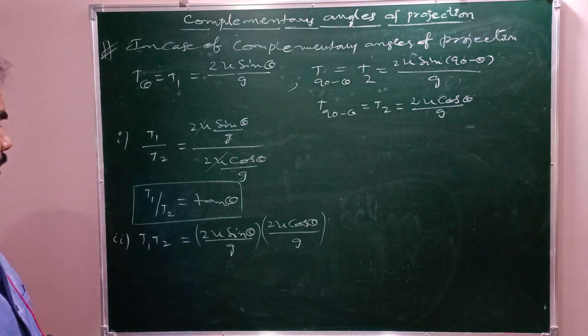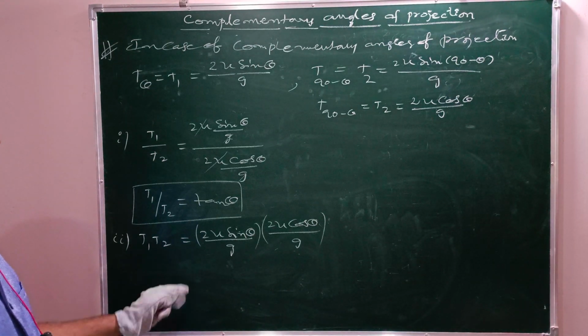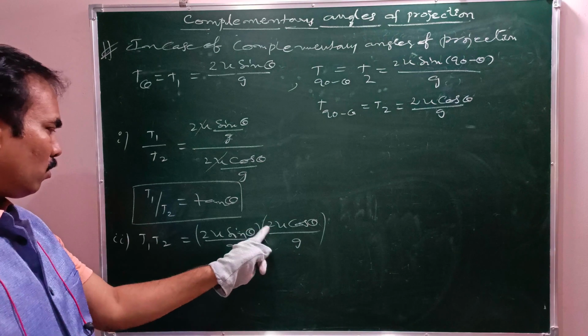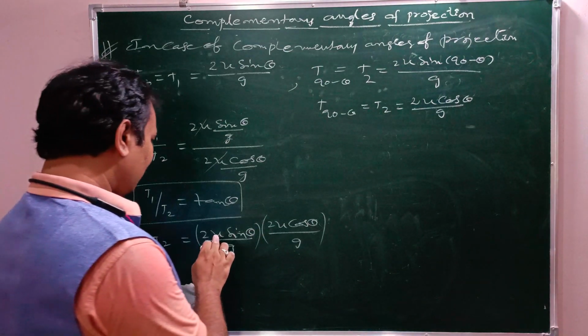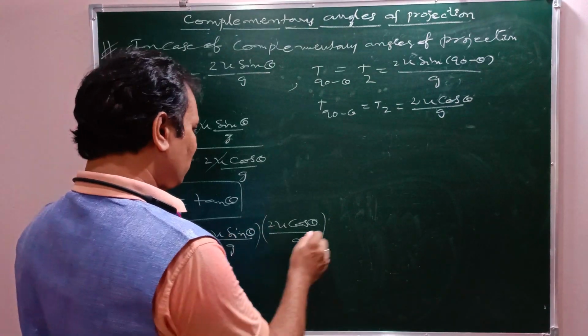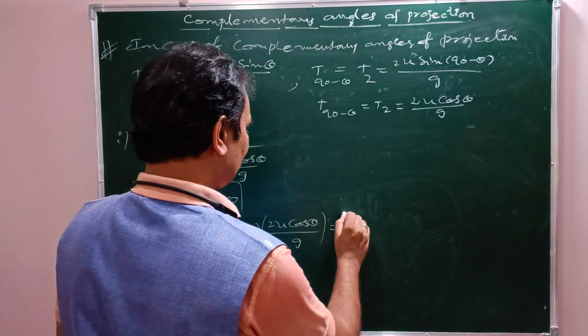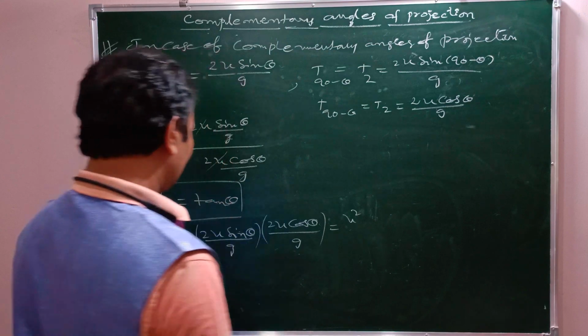Right? Okay. Here we have 2 sin theta cos theta, means sin 2 theta. Right? See here, u into u is u square.